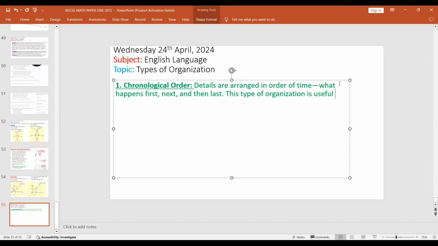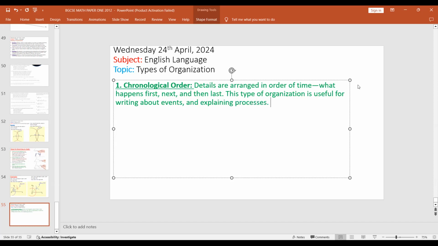Or let's say you're trying to explain your morning routine, right? So you talk about what you do first and second and third and last. So that's what we call chronological order, right? This type of organization is useful for writing about events and explaining processes.